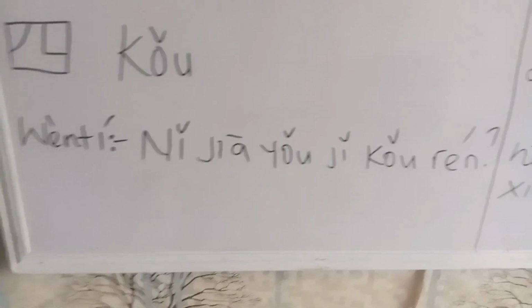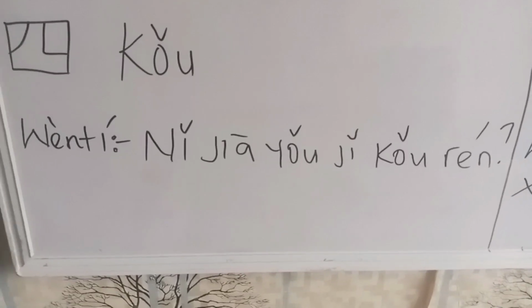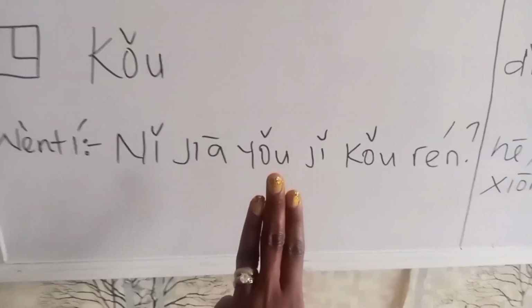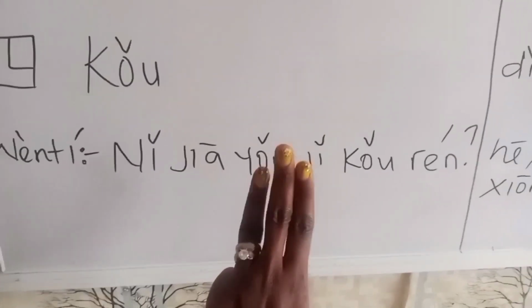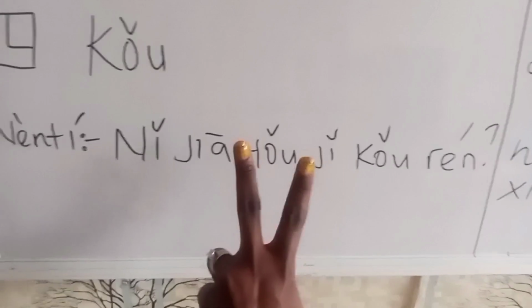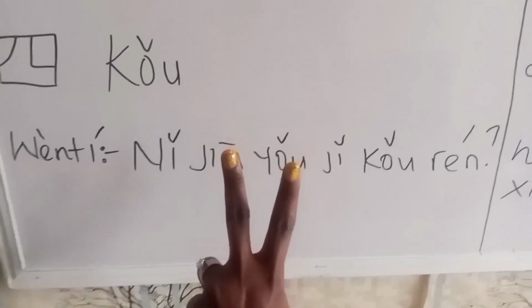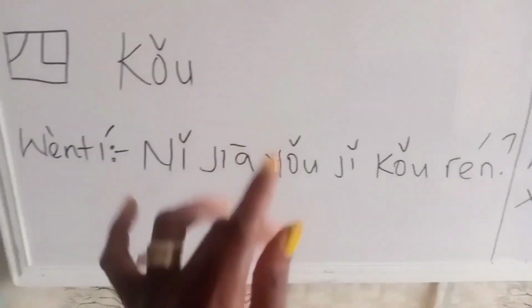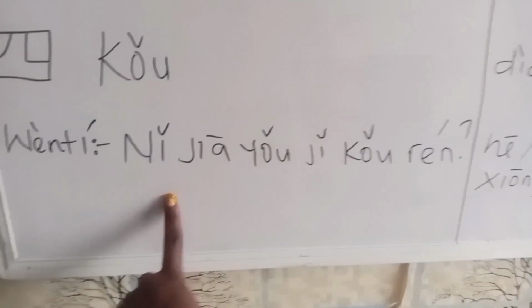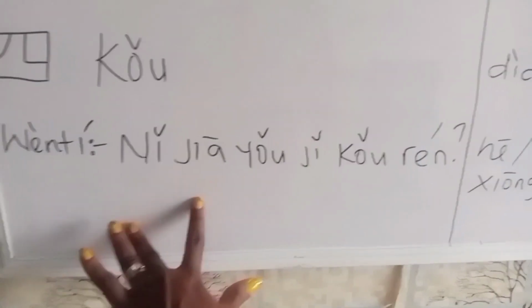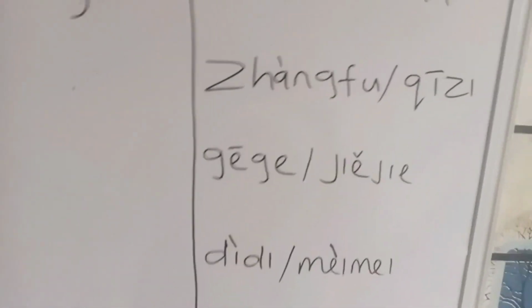When you want to answer, you say 我家有. If it is three members, you say 三口人. If it is two members you have in your family, 我家有两口人. If it is five people you have in your family, you say 我家有五口人. After saying 我家有五口人, which is my family has five members, you might want to explain further.